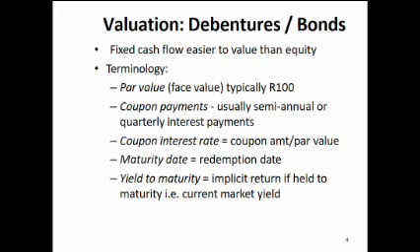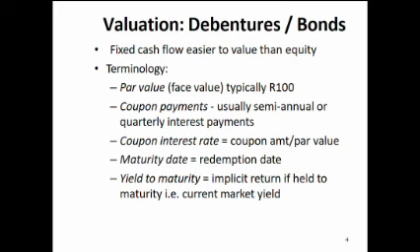Before we can value debentures and bonds, we need to understand certain terminology. The par value of a debenture or bond refers to the stated face value of the bond. Often bonds will be issued with a stated face value of 100 Rand, and companies will normally issue and redeem bonds at this price. Then we have coupon payments.